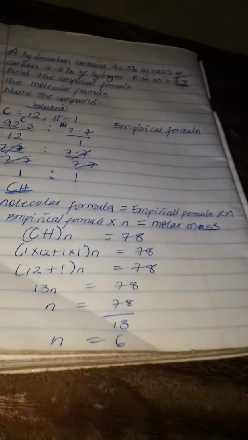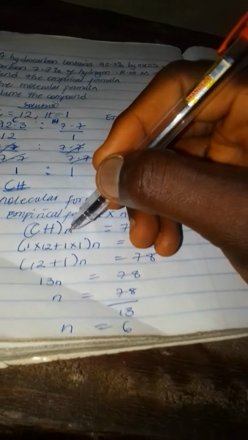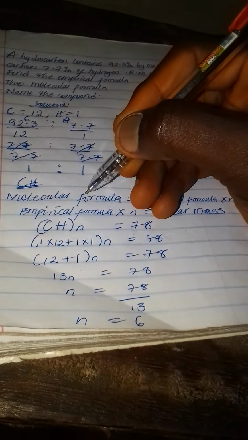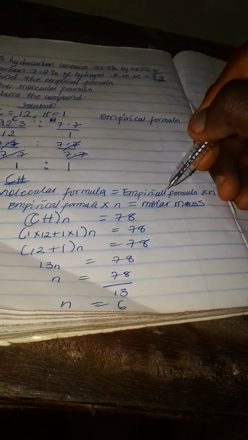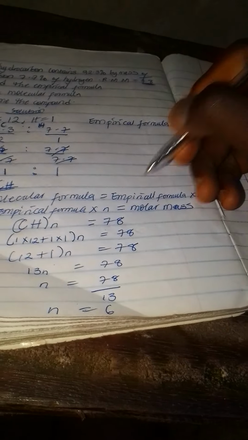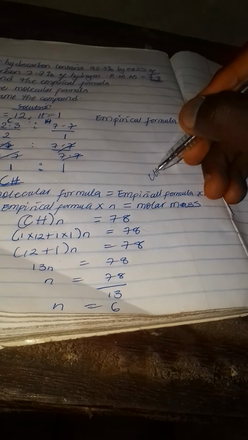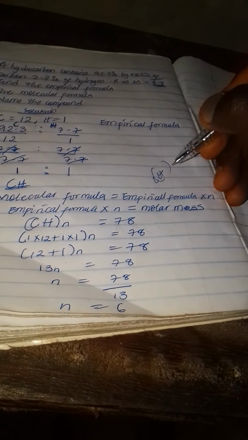Now the next one is to name the compound, but you are not through yet. You have gotten the value of n, so now we use that n and multiply it by the empirical formula to have the molecular formula, because the molecular formula equals the empirical formula times n. We have gotten the empirical formula as CH and n as 6.